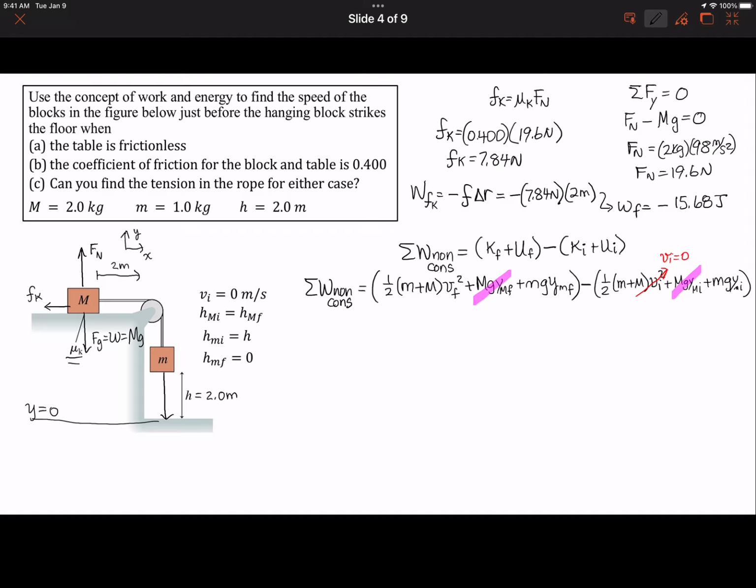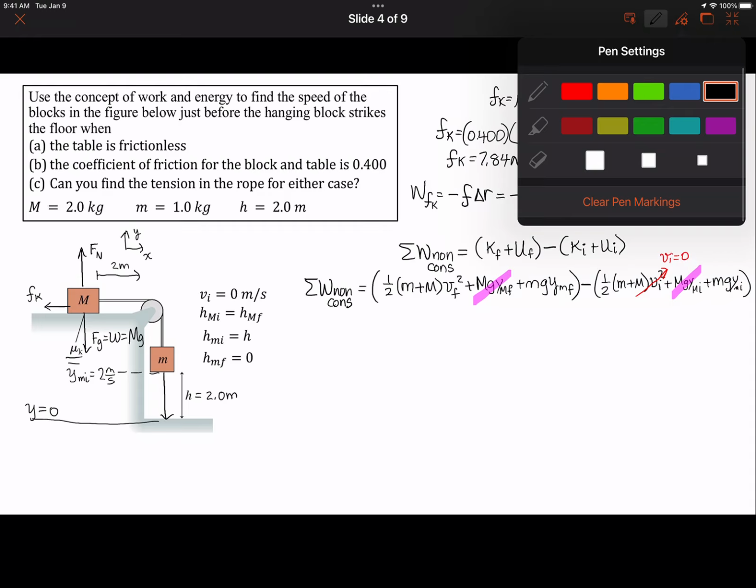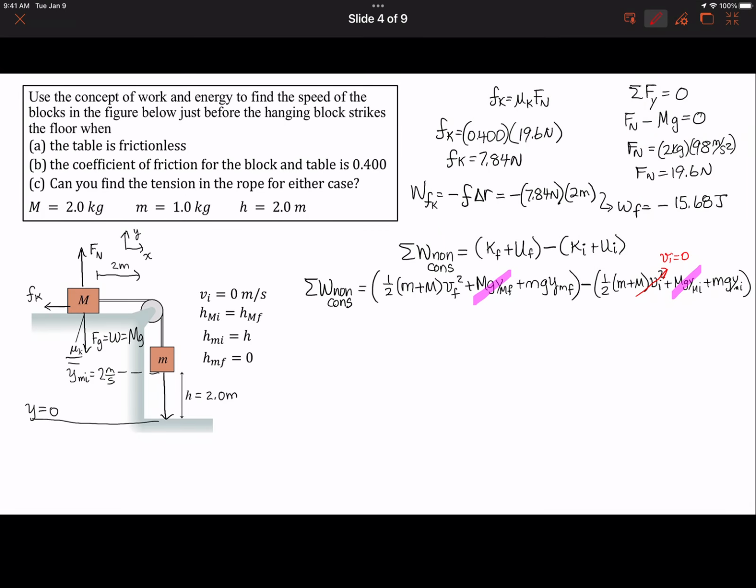So then our hanging mass starts off at a height of 2 meters, and when it gets to the ground, right before it hits the ground, it has 0 vertical position. So that means that the final potential energy of the hanging mass is also 0.